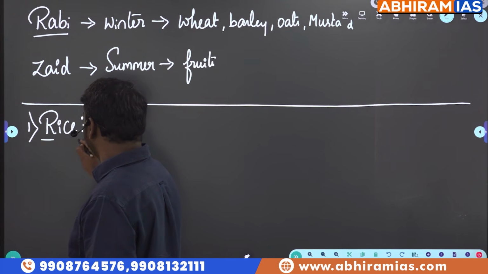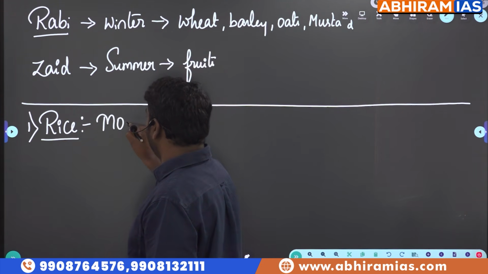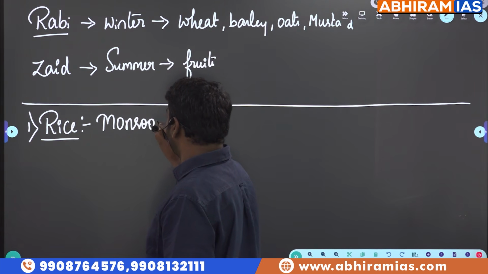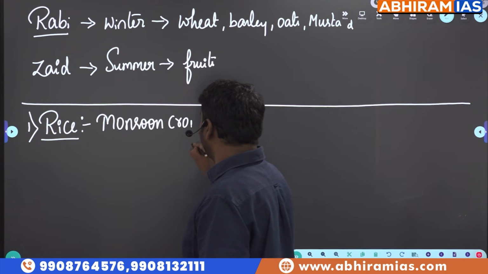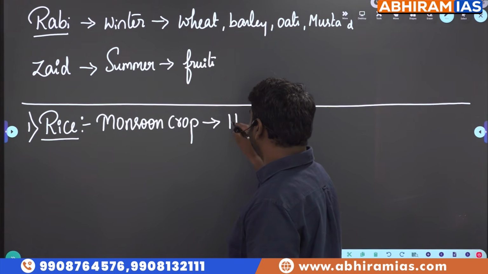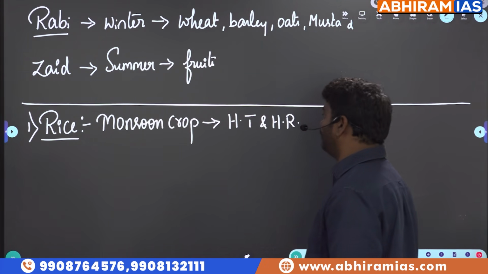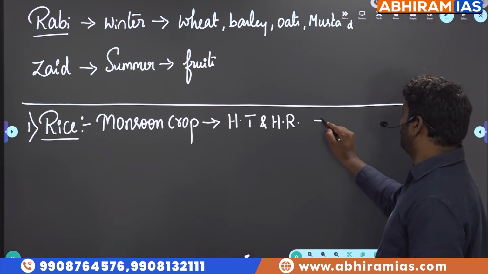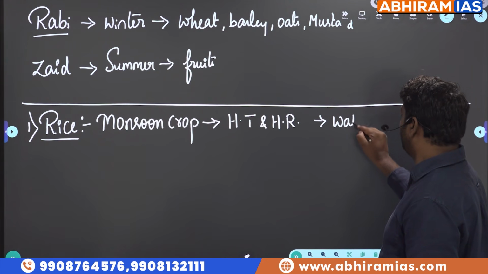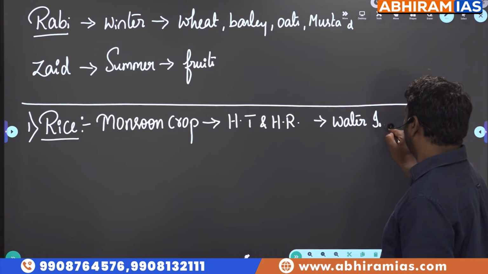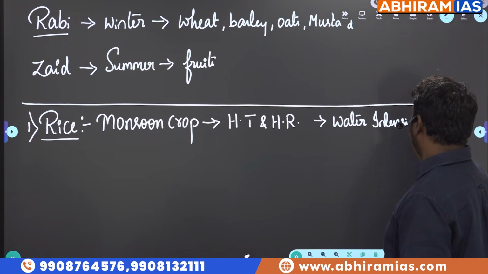Rice. Rice is called a monsoon crop. It requires high temperature and high rainfall. It is also called a water intensive crop.